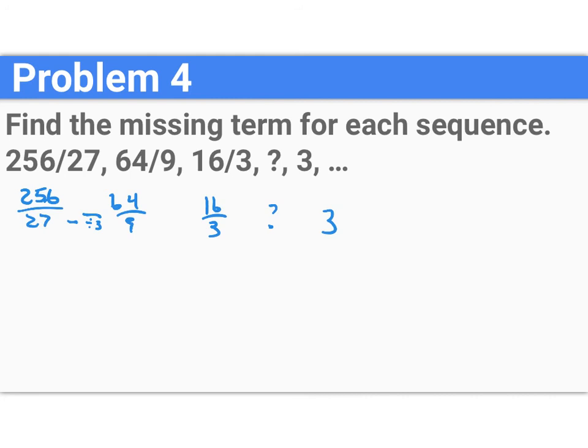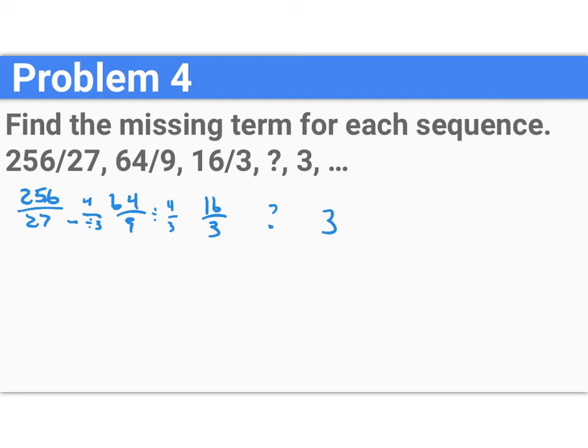So how do we get from 256 to 64? So let's divide 256 by 64, which gives us 4. So if we divide by 4 over 3, 64 divided by 4 is 16. 9 divided by 3 is 3.